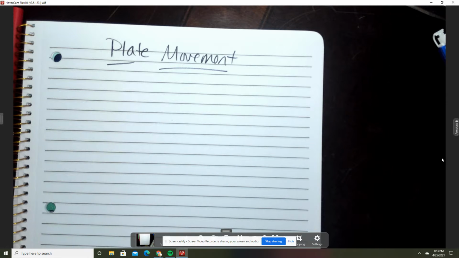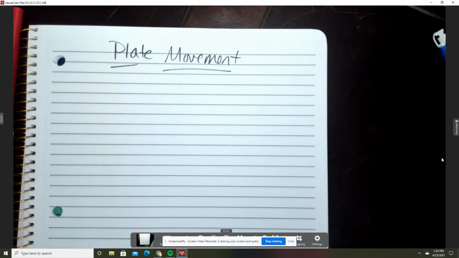So we talked about the earth layers, and within that, there's the mantle, and then the plates are the continent that is right on top of that.